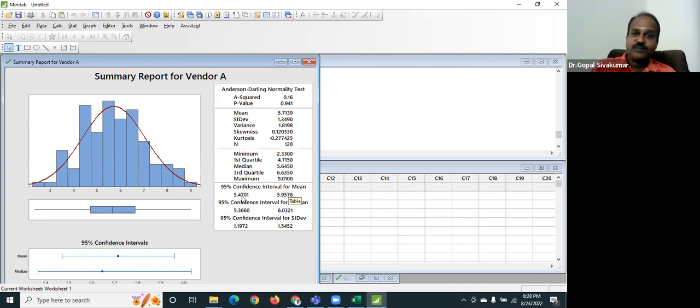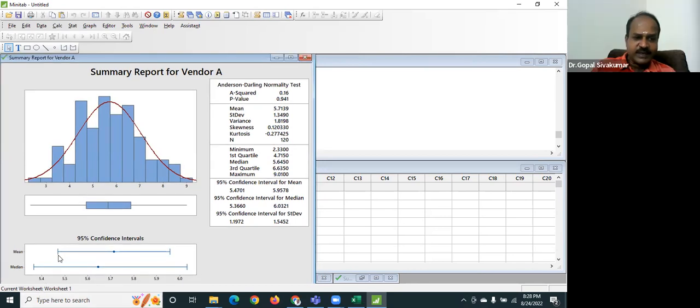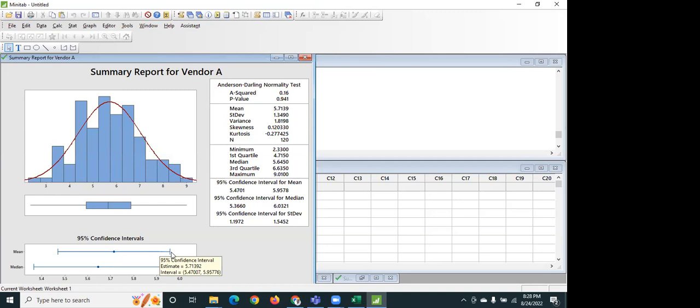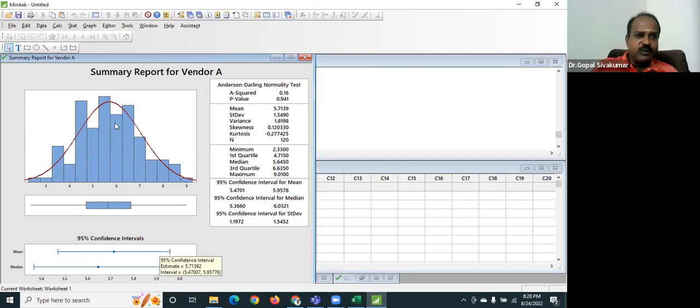Lower confidence limit 5.47. You can also see the confidence limits here. Can you see this kind of bar? This is the lower confidence limit, 5.47. This is the upper confidence limit, 5.95.